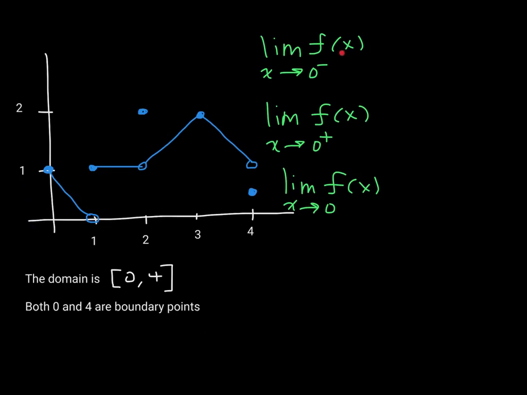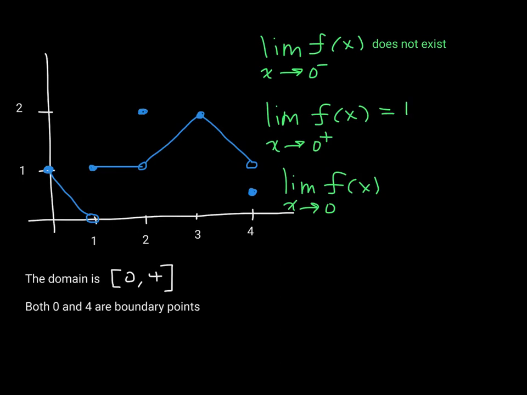Therefore, the limit of our function as x approaches 0 from the left does not exist. Okay? The limit of our function as x approaches 0 from the right. Now, we can talk about that. As x values approach 0 from the right, your function values are approaching 1. So this is equal to 1.